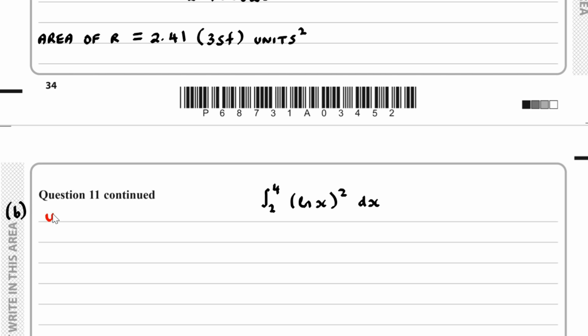So we've got u, u dash, v dash, and v, which we need to find. We have here the natural log of x all squared being the same as the natural log of x multiplied by the natural log of x dx.